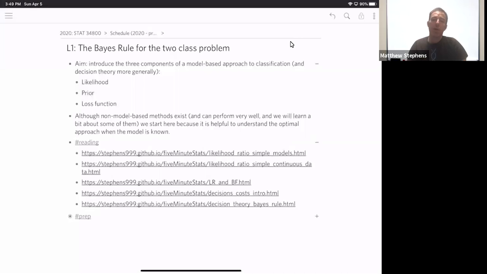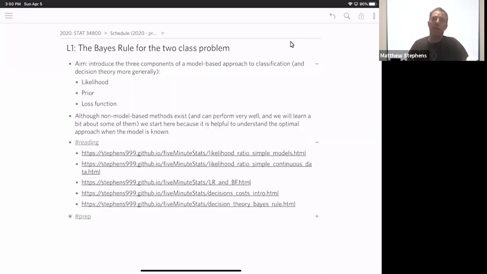So if most of the emails you're looking at are spam, then the intuition is that you're going to have to be more stringent about deciding something is not spam in order to avoid putting a lot of spam in the inbox. So if you've got an email that looks slightly less like spam than like ham, but you know that most things are spam, then probably the email's still spam.